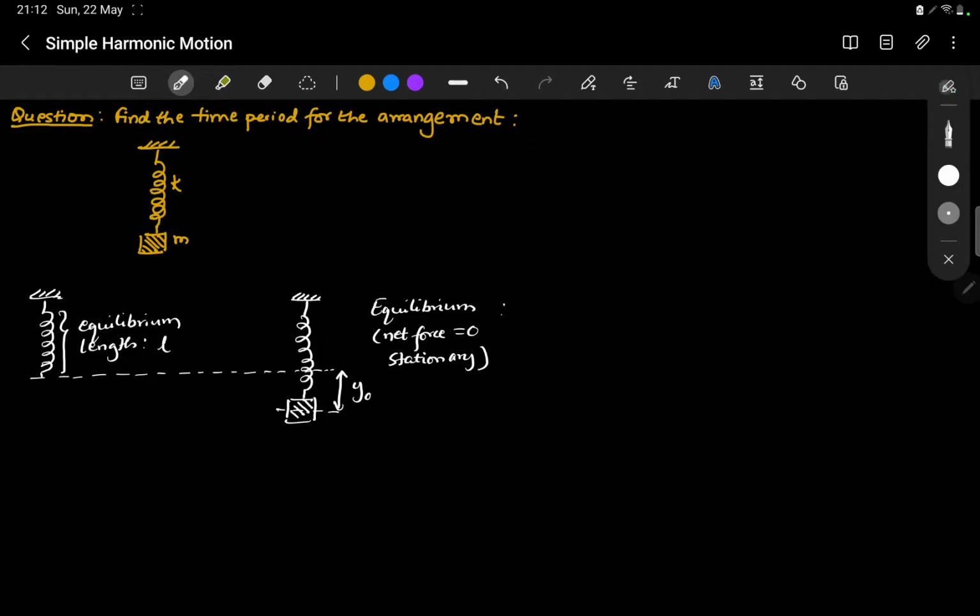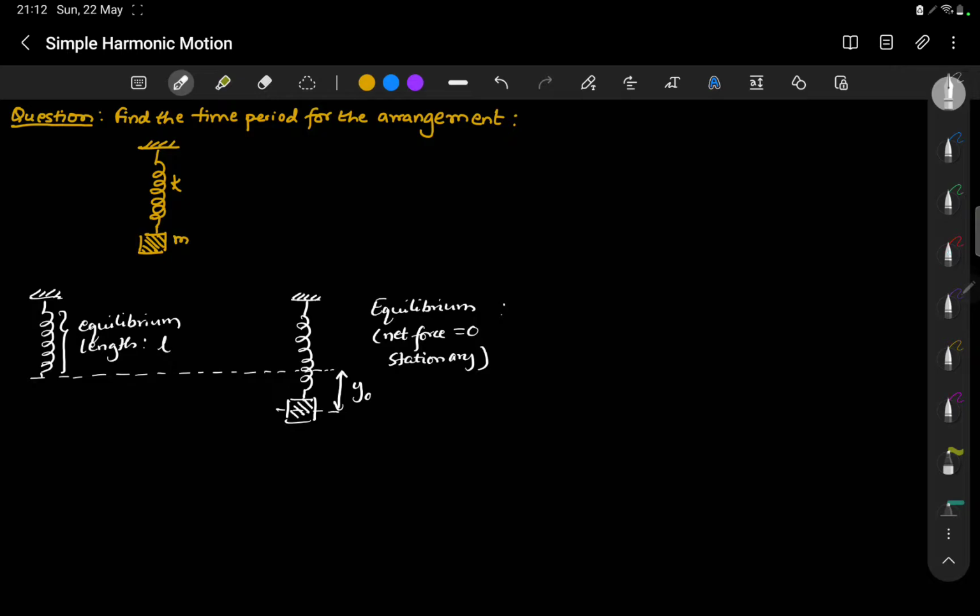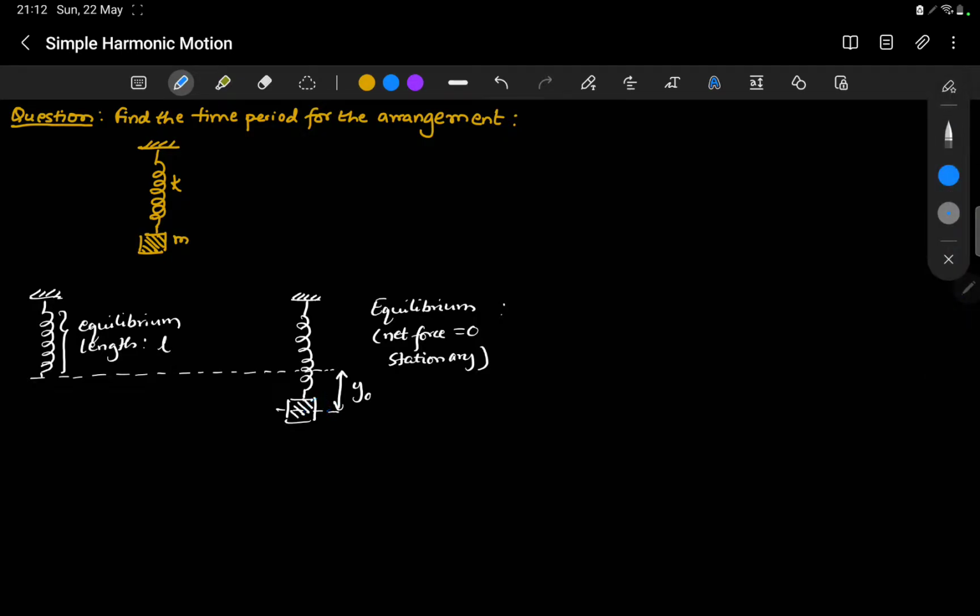So let us draw the forces acting on this block. So we have mg acting downwards and we have restoring force due to the spring acting upwards. So this is the force due to the spring, this is the restoring force.